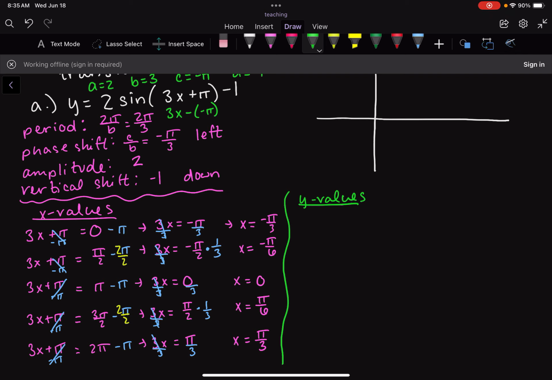So the original sine graph goes through, let's think about it. So remember your general shape. The general shape of sine looks something like this, right?